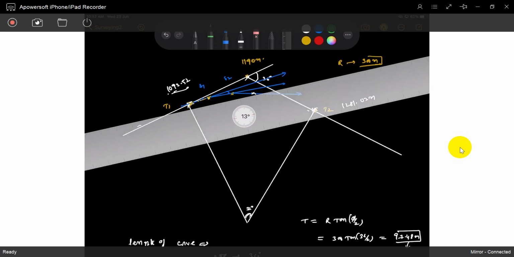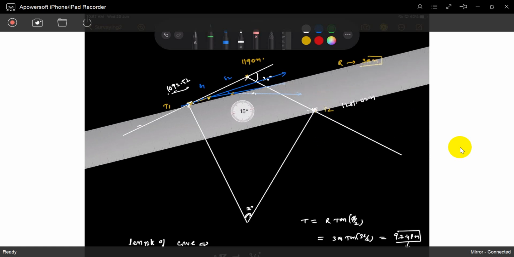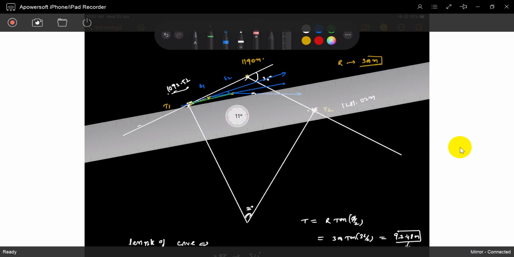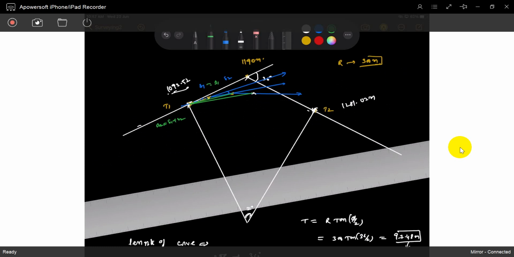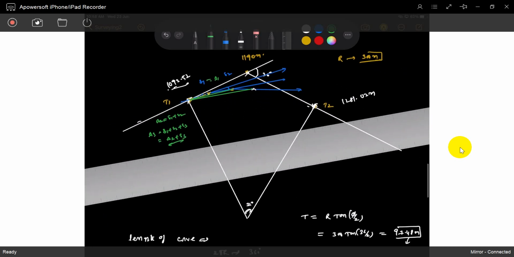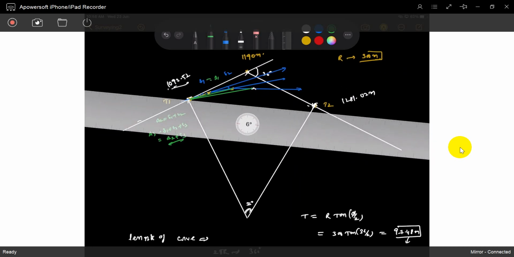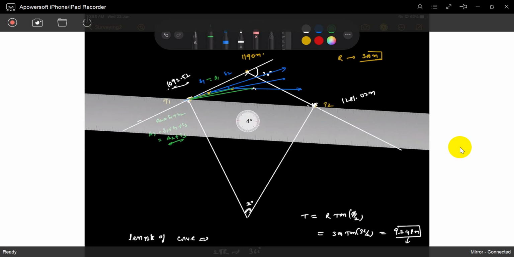Delta 1 is okay; for delta 2, how much angle from this point? Delta 3 comes from this deviation angle. The first is delta 1, the second is delta 1 plus delta 2, the third is delta 1 plus delta 2 plus delta 3, and so on, up to the end, looking at the opposite point. Understood?